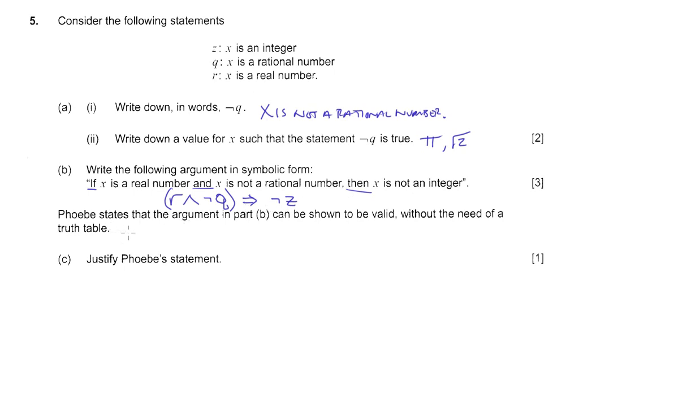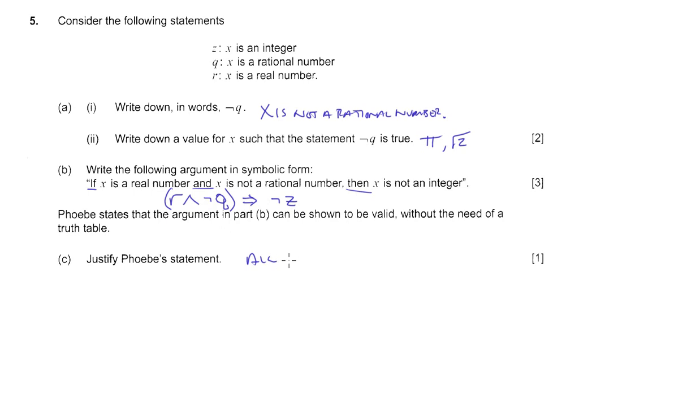Phoebe states that the argument in part B can be shown to be valid without the need of a truth table. Justify Phoebe's statement. So if we have something that's not an integer, let's back up. So all integers are rational numbers, right?